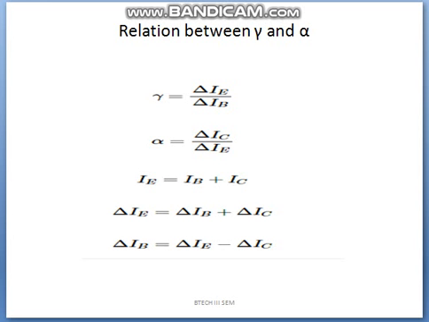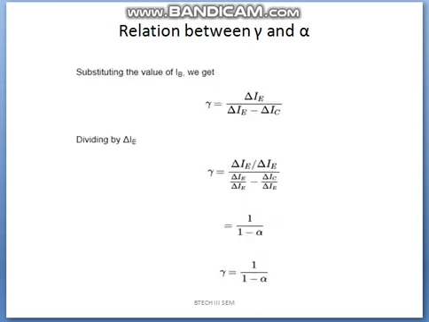We get delta IB equals delta IE minus delta IC. This value is put in the gamma equation, where gamma equals delta IE divided by delta IE minus delta IC. Numerator and denominator both divided by delta IE, we get 1 upon 1 minus alpha.